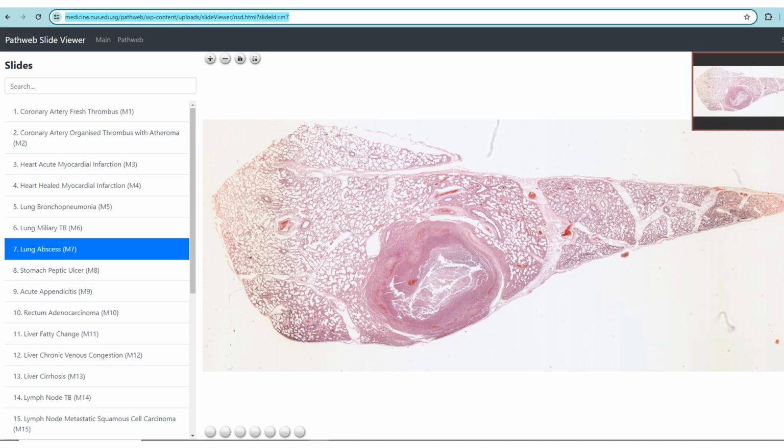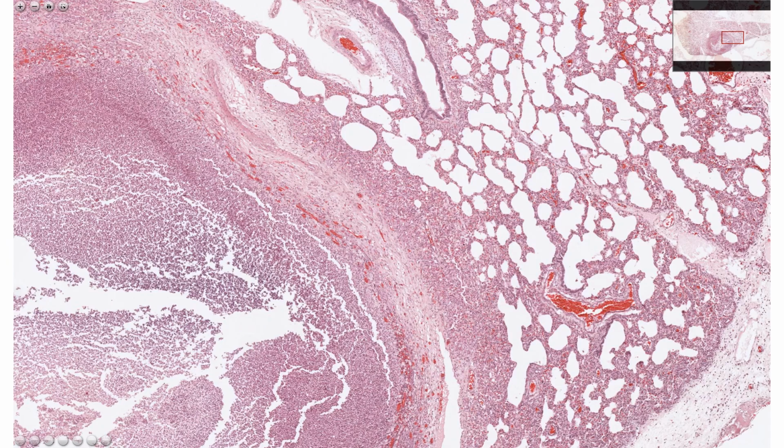The next one is abscess. The thing you can see is that there's lung tissue there, but suddenly there's a big cavity over here, a big cavity with something inside. When you look properly, you can see this lesion completely destroyed the normal alveolar structure.